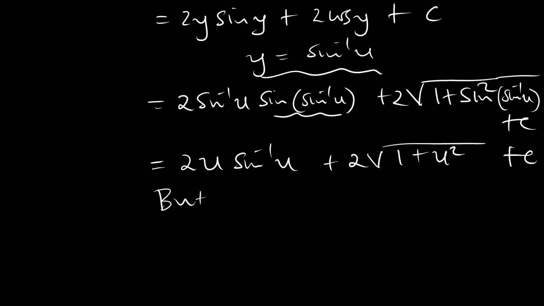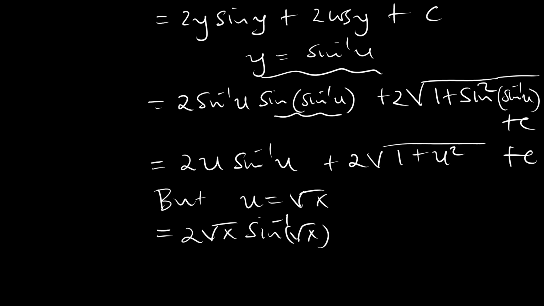But u was equal to square root of x, so the answer in the x domain is twice square root of x arc sine of the square root of x, plus twice square root of 1 minus x plus c.